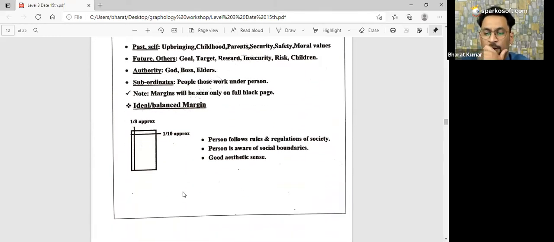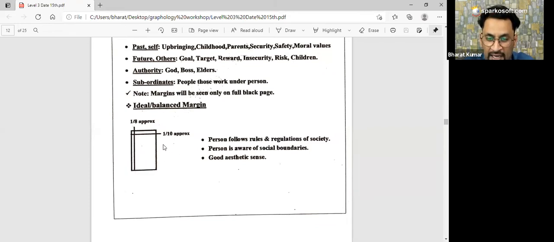Now, can you guess which kind of margin this is? This is supposed to be an ideal, balanced or perfect margin. If your client is leaving this space on the left, meaning he is looking toward the future.